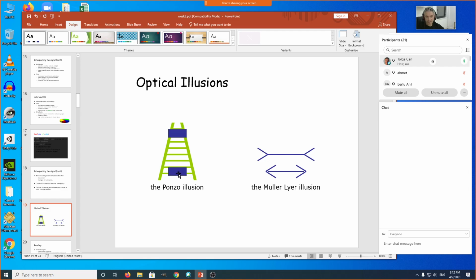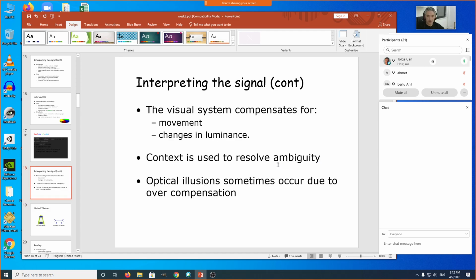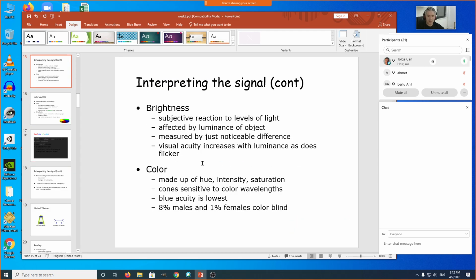Actually, if you just take this rectangle out, you see that it's exactly the same length as this rectangle. In this illusion with the arrow extensions, we also perceive the line segment in between the extensions as longer than the line segment that is here. So there are different optical illusions you can find.